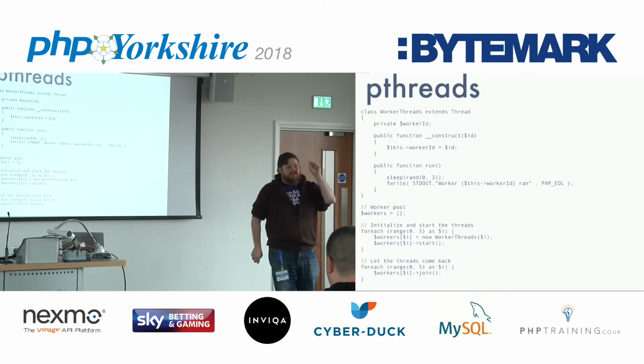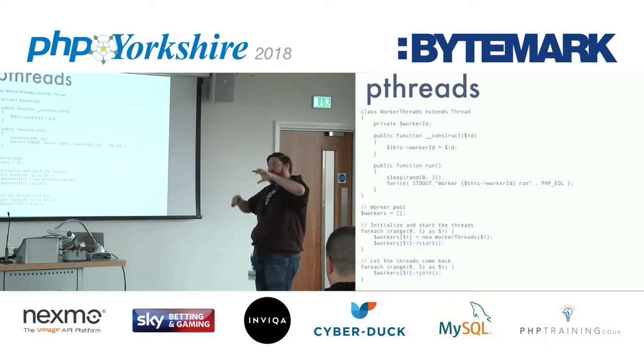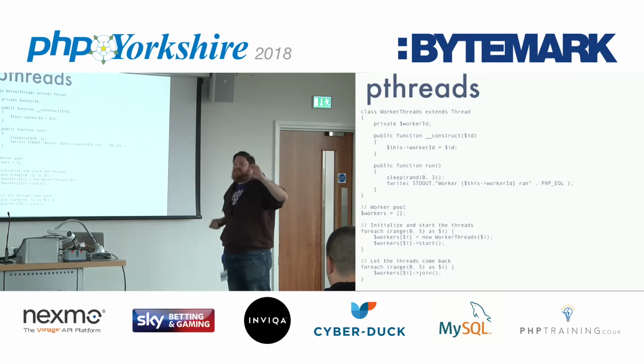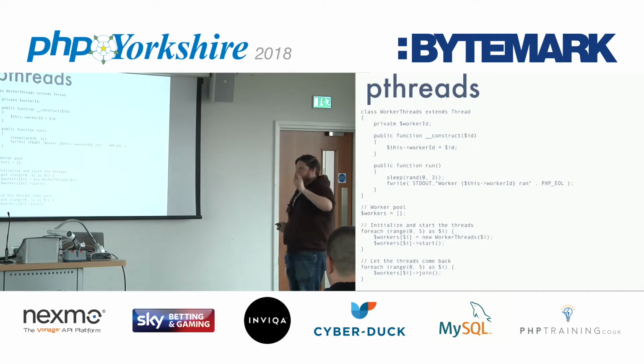The difference, though, between threading and forking is that with threading we're making use of POSIX threads. We're not changing the actual process ID, and we're not generating new process IDs, which is sort of important. So with pthreads, you shouldn't be able to zombify your workers.